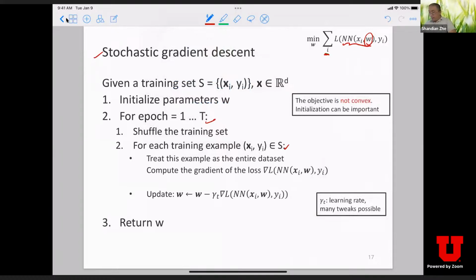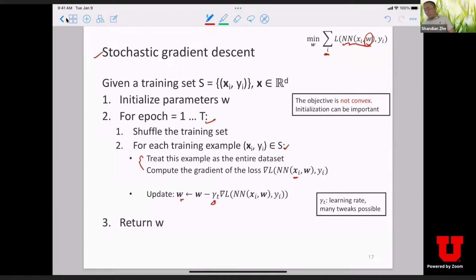For every training example, we treat this example as the entire data set, then compute the gradient of the loss on this particular example. We use that gradient as the stochastic gradient and update the model parameters using stochastic gradient descent. Of course, we need to carefully choose the step size gamma t. At least it should satisfy the two conditions we discussed before, to ensure convergence to some local minimum.